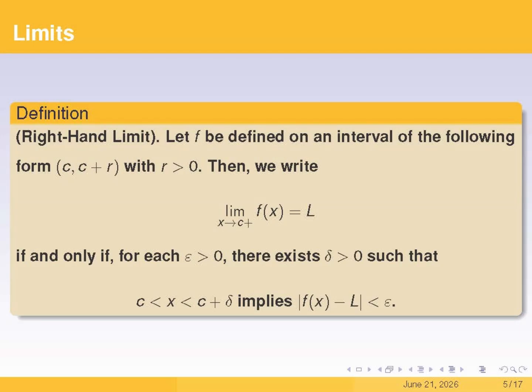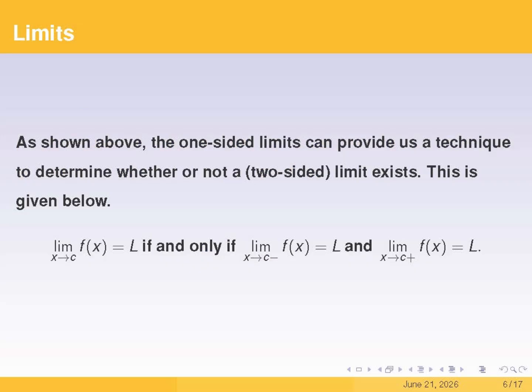Consequently, the entire definition can be understood as, when the variable x approaches c from the right, the function value f(x) gets extremely close to the real number L. In other words, the absolute value of f(x) minus L will be less than an arbitrarily small positive number epsilon.